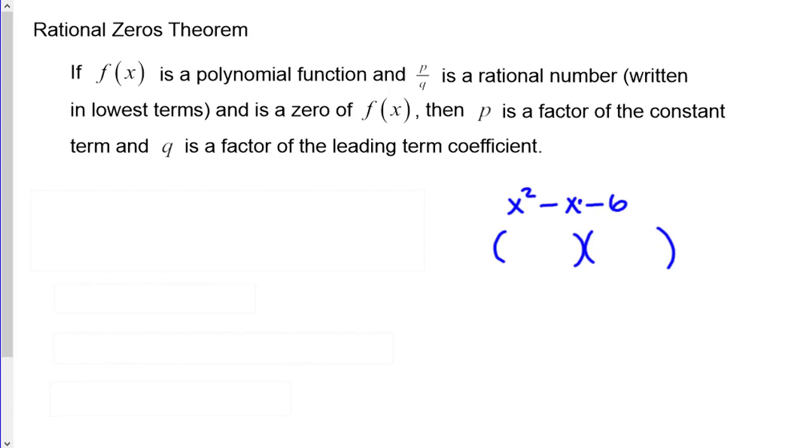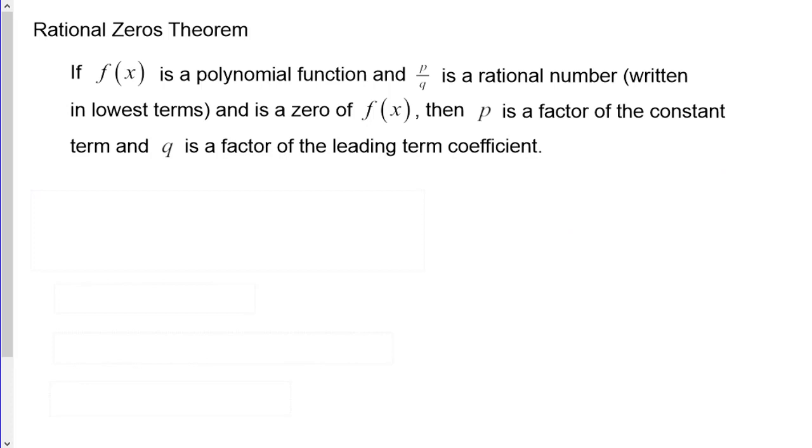So basically, we're listing out factors of the constant and the leading term coefficient: plus or minus 1, plus or minus 6, plus or minus 2, and plus or minus 3. We're doing this mentally, getting a list of all the different possible factors and then trying them all to see what works. So this is just a generalization of that process to higher degree polynomials.